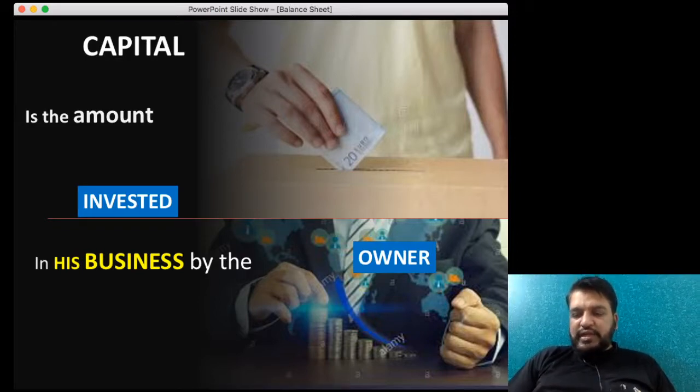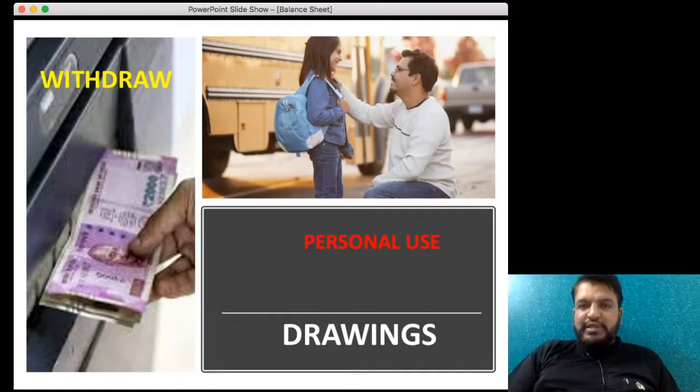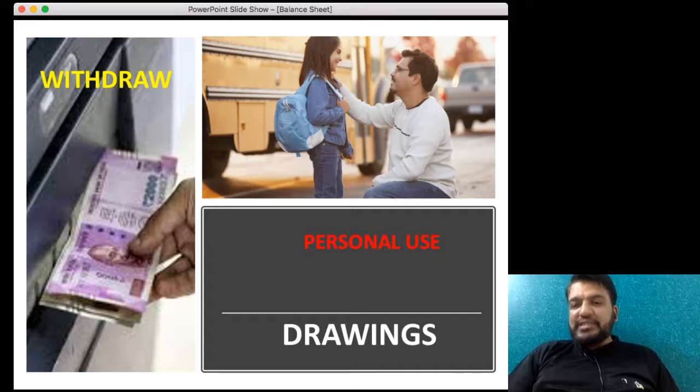Alright, let's go to the next one. So what's drawings? Drawings is the opposite of investment. In investment, the owner is putting the money into the business. Here he is withdrawing the money, removing it, but it has to be for personal use, not for business use.